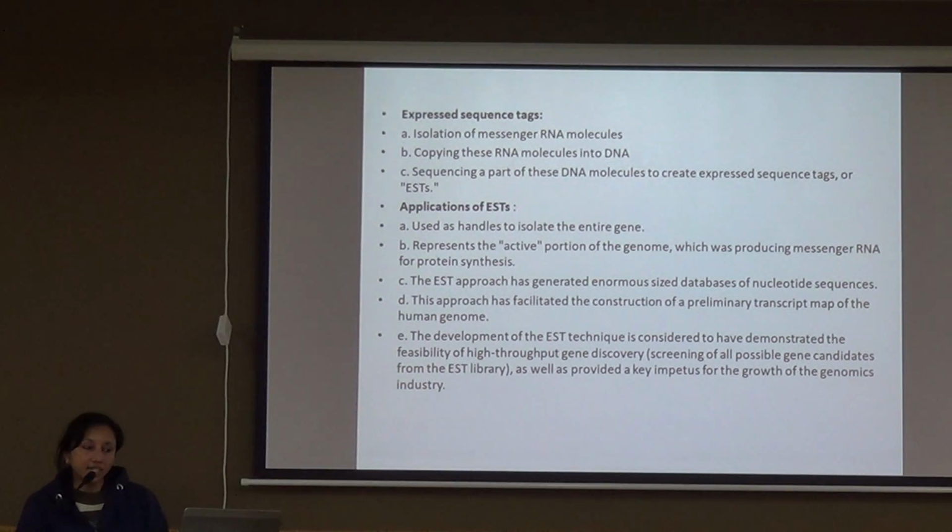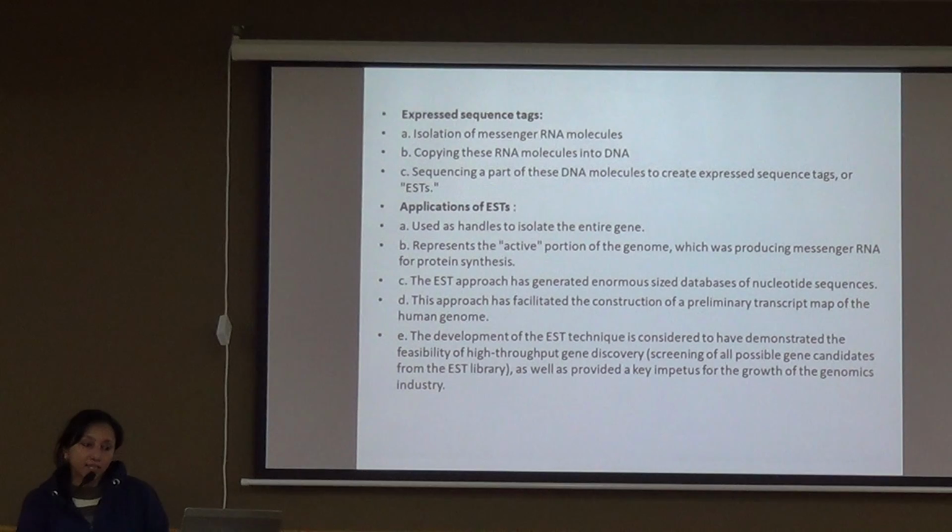This approach has facilitated construction of a preliminary transcript map of the human genome. Transcription means formation of RNA from DNA. So when we take RNA, convert it into DNA, that is cDNA, and then use it to create a map, that becomes the transcript map, since we are using the product of transcription.